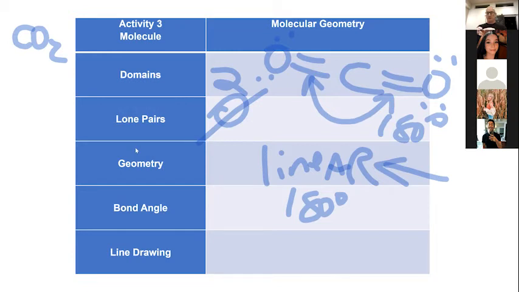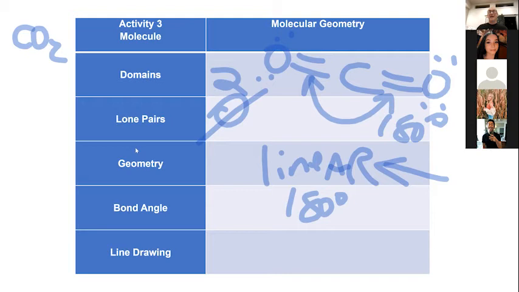So we're not done. We need to put another bond in between them. So I'll connect the carbon with another bond to each of the oxygens on the outside. And look what happens. Now, what shape is it? You can't see the electrons when you're looking at a molecule.